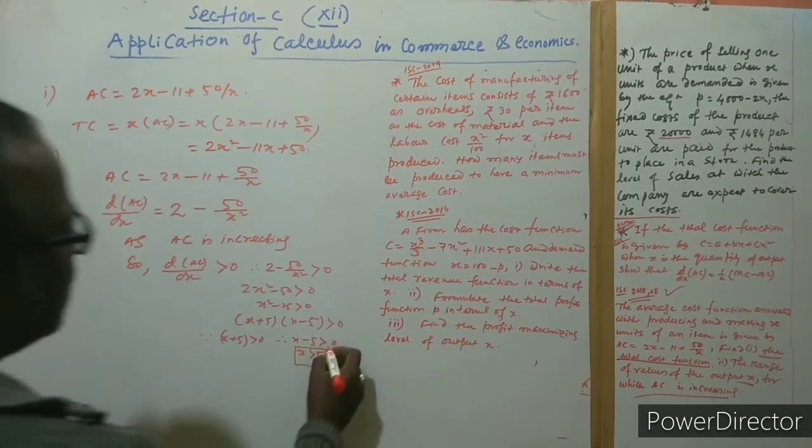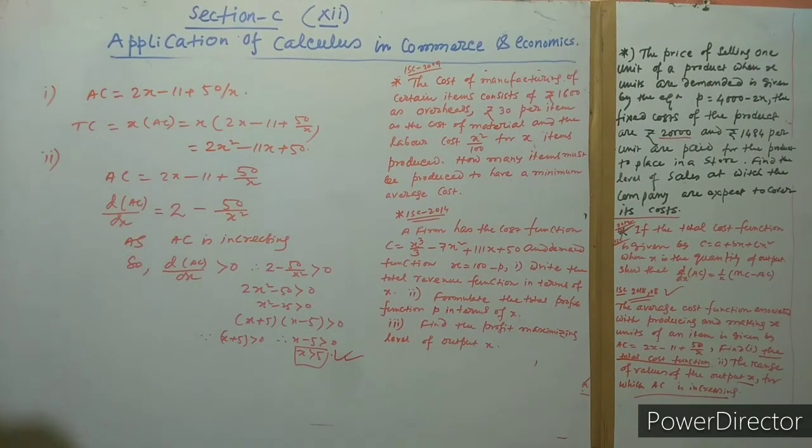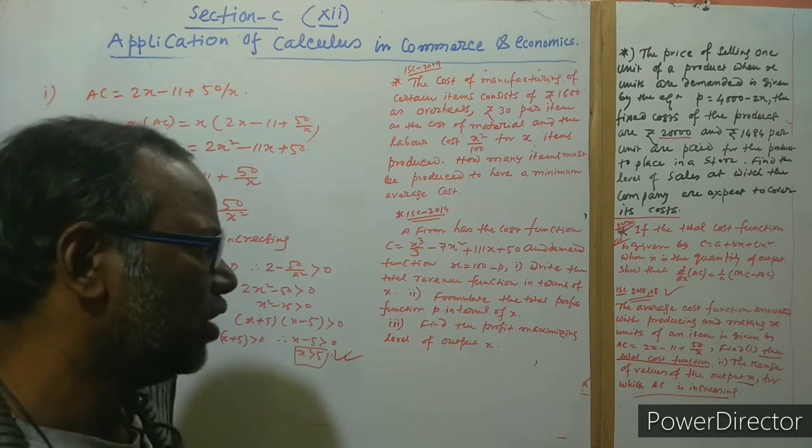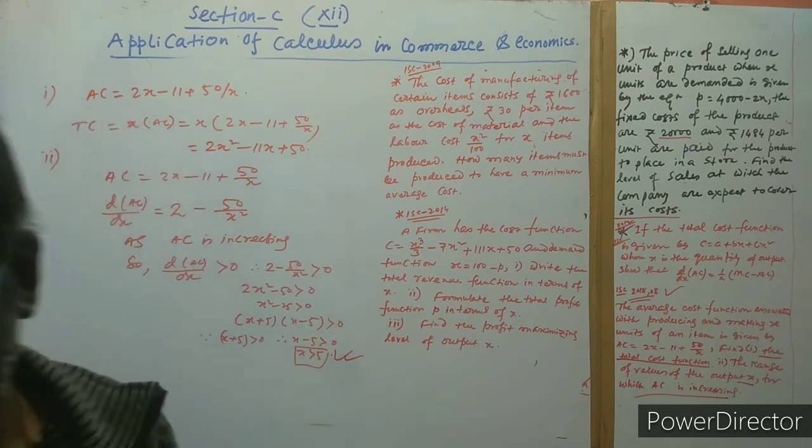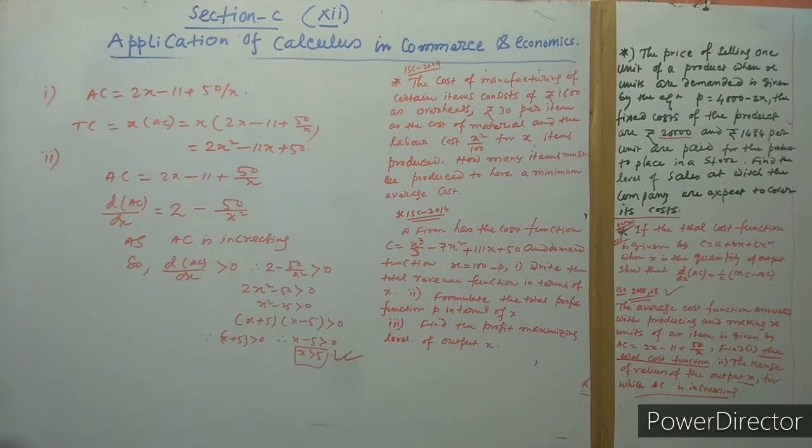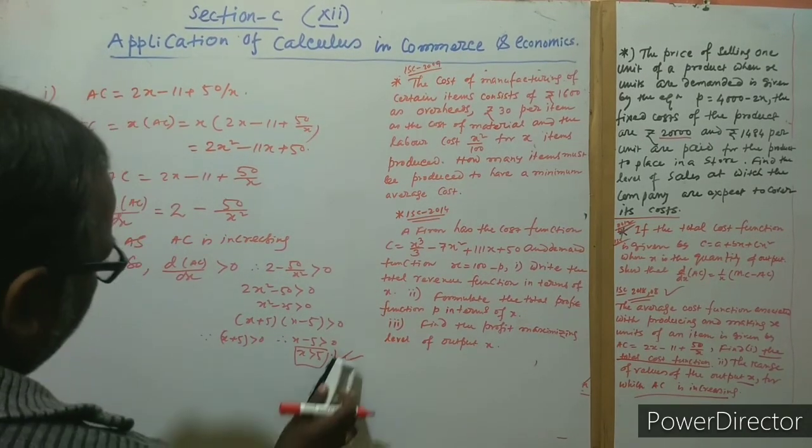Okay, this is the level of output. When the production is just more than 5, then the average cost function will be increasing. So that is the solution of 2018.